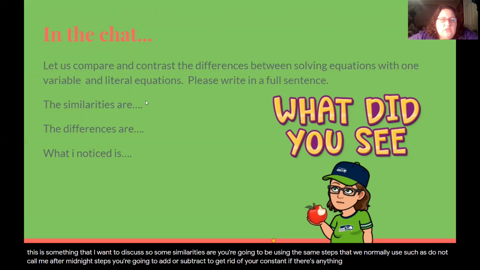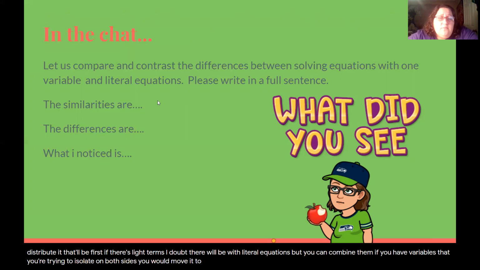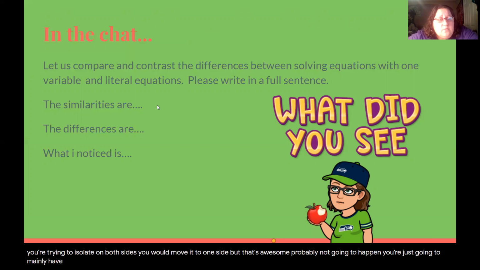If there's anything you need to distribute, you can distribute it. That'll be first. If there's like terms, I doubt there will be with literal equations, but you can combine them. If you have variables that you're trying to isolate on both sides, you would move it to one side, but that's also probably not going to happen. You're just going to mainly have multiple different variables.